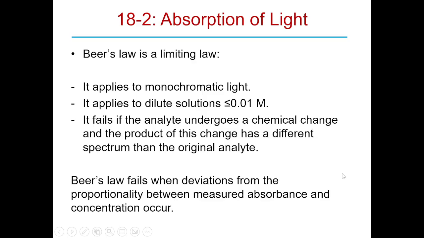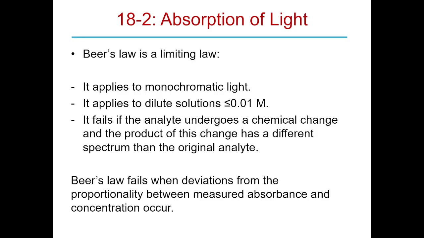Beer's law will fail when deviations from the proportionality between measured absorbance and concentration occur. I've given you a few different reasons why that might occur, right? Can you make a Beer's law and expect a year later for that instrument to have the same Beer's law with that substance? No, definitely not, right? Because your conditions in your lab will change, won't they?